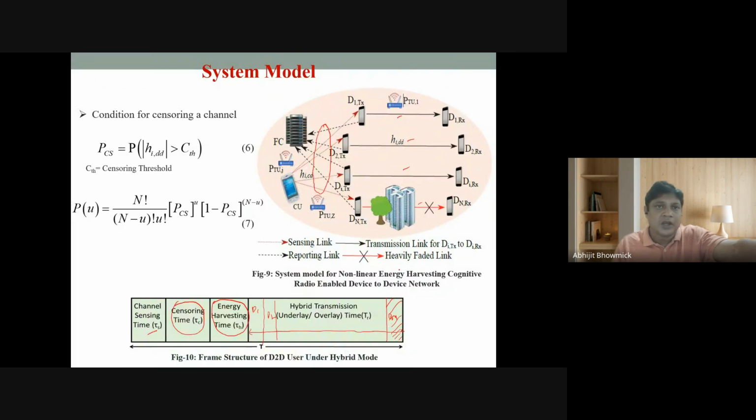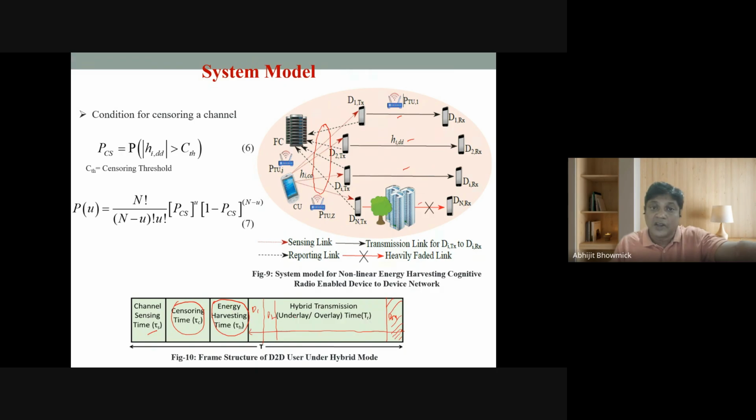So what would be the solution? One solution we can do is to eliminate this nth user from the transmission process and divide the total available time among the n minus one users. So this is how we are allocating the resource.